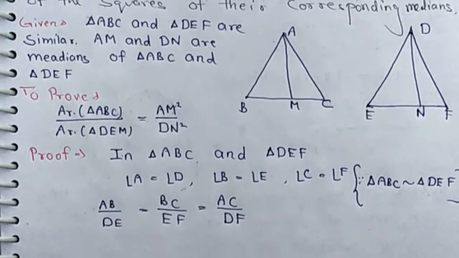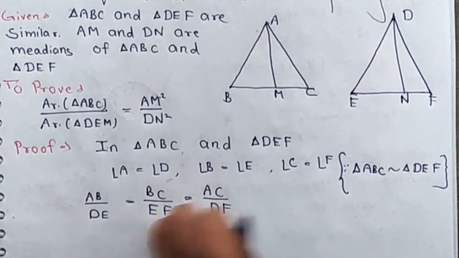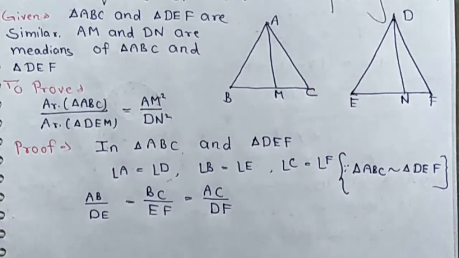Since triangle ABC and triangle DEF are similar, their corresponding angles are equal and corresponding sides are proportional.